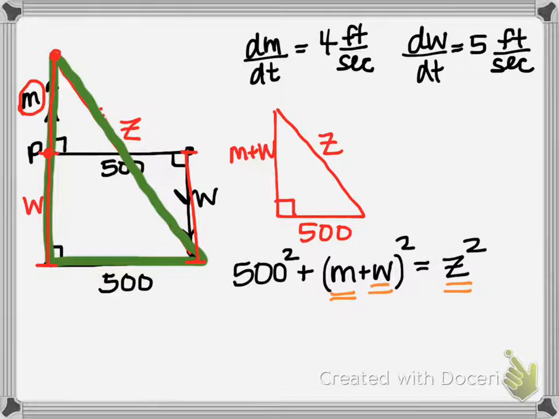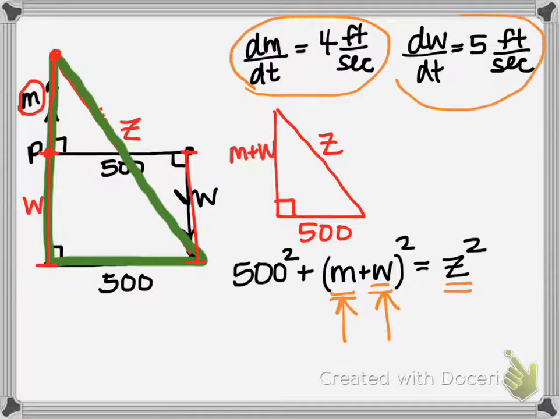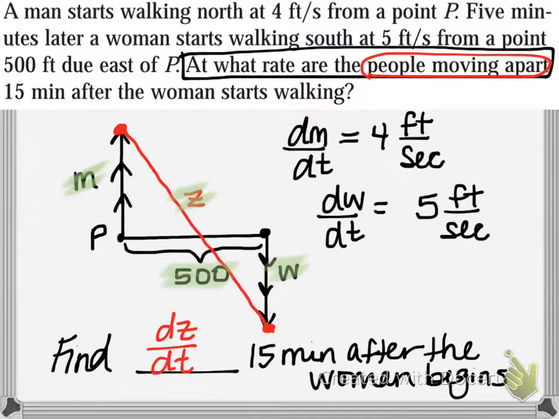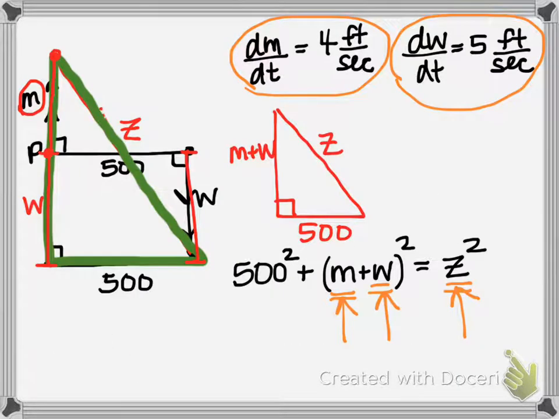So in this equation, we're going to keep the variable m because we know the rate of m, we know dm/dt. We're going to keep the variable w because we know the rate dw/dt. And we're going to keep the variable z because of what we're trying to find, dz/dt. So this is a situation where we will actually keep all three variables.